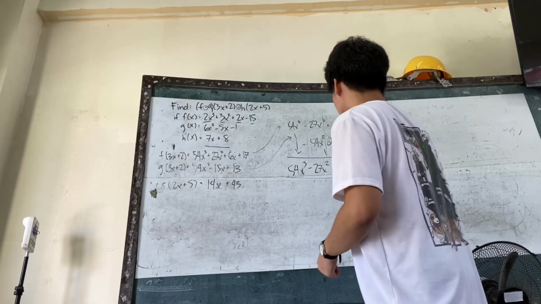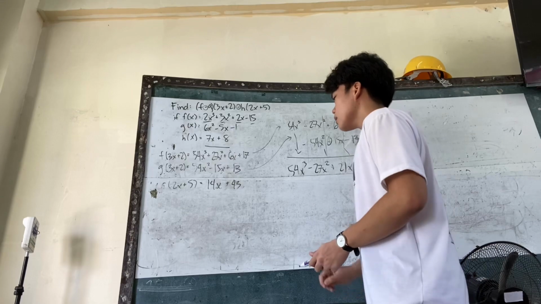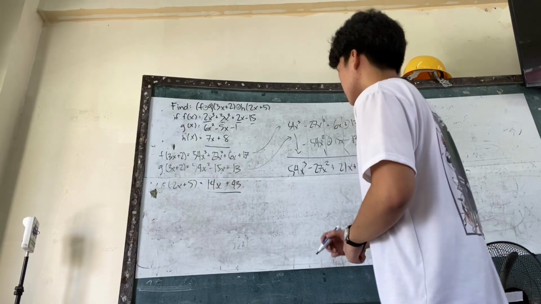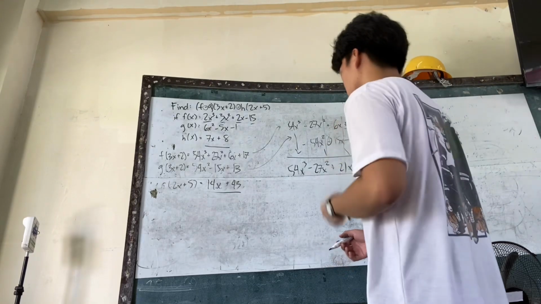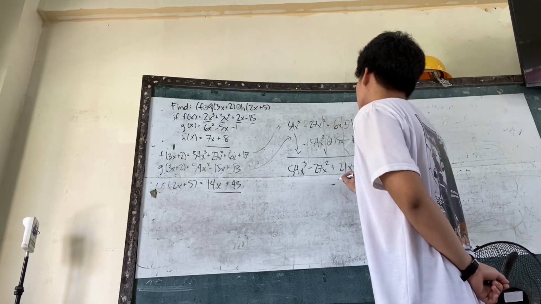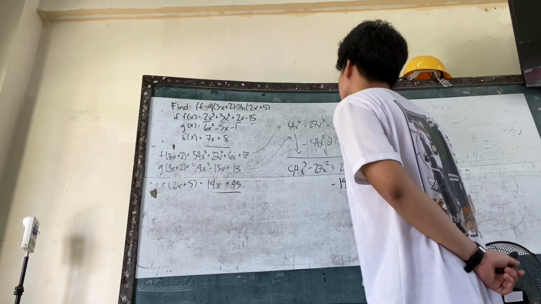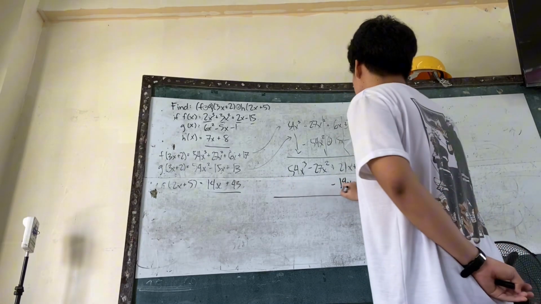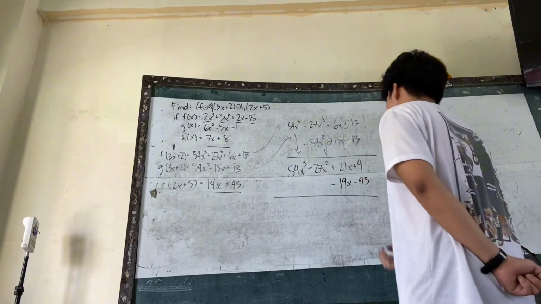Okay, now let's perform this directly. This is the value 14x + 43. We are going to change it to the opposite signs. That will be minus 14x and minus 43. Now let us perform the operations needed.